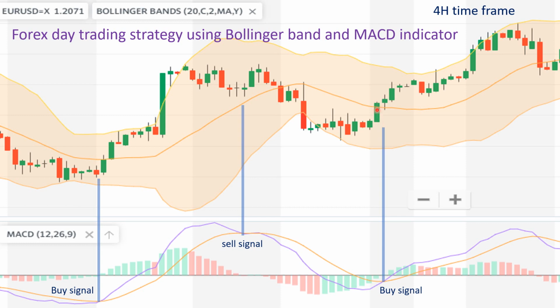So you can enter the market here and put your stop loss below the median, maybe 1 or 2 ATR below the median, and ride on this big trend. So you see the Bollinger Band and MACD indicator are in line, and you can use both of them to find buy and sell signals to enter and exit the market and make profit from the stock market.